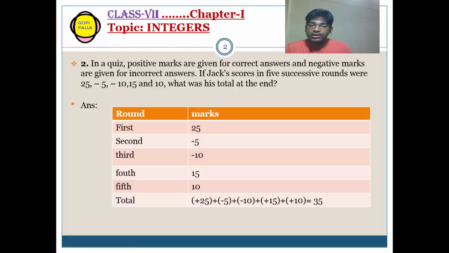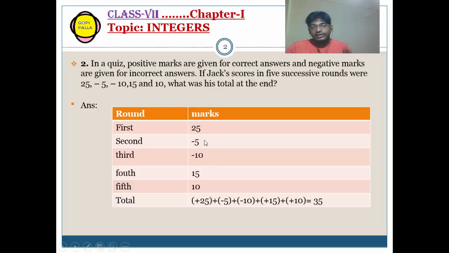For simplification of the addition or subtraction, first you add all the integers with the positive sign separately: 25 plus 15 plus 10. So 25 plus 15 is 40, plus 10 is 50. So plus 50 is the sum of the positive integers.